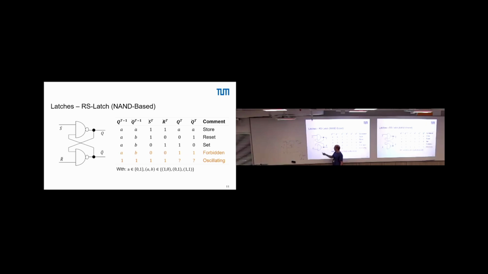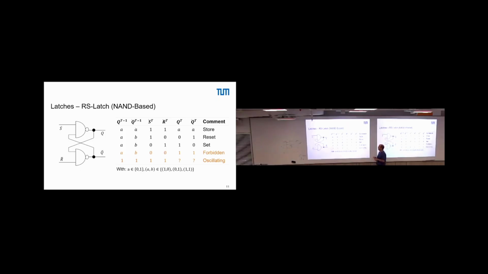Well, if one of the inputs is 0, output should be 1, right? Because it's an AND gate. So we have a 1 here and a 1 here. No problem so far. It is logically, it doesn't make sense because now Q bar is the same as Q, right? But besides of this, well, who cares? Good.